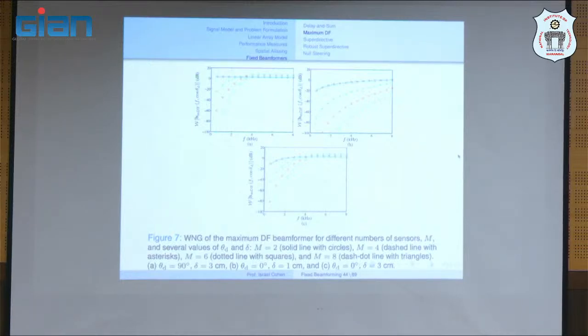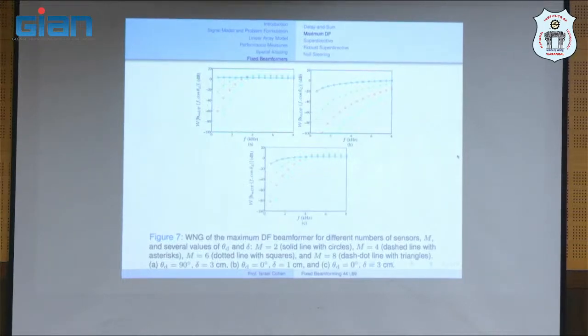So we see here that the maximum white noise gain beamformer is robust to the noise environment. It's robust also to diffuse noise because it works also in a diffuse noise environment. But otherwise, the beamformer that maximizes the directivity factor is not robust to white noise. Okay?